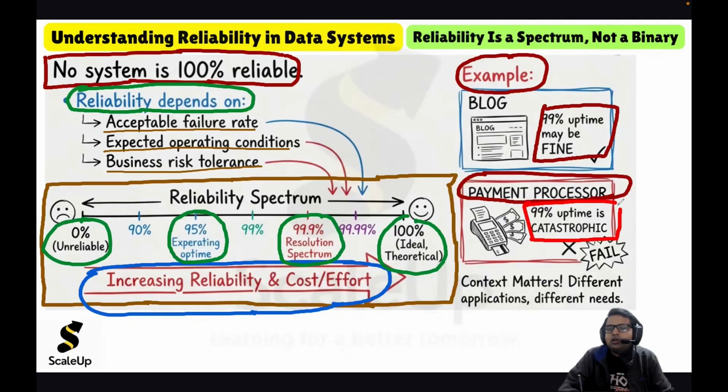Because that 1% downtime will lead to very big losses, as payments will not get processed. So the idea is that in reliability, context plays a very big role. Different applications have different reliability needs.